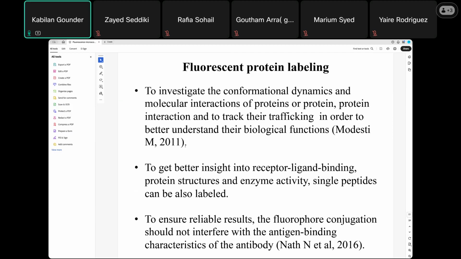If you really want to study a particular protein of your interest, you can learn its physiological and biochemical activities, investigate the conformational dynamics and molecular interactions, such as protein-protein interactions, and track their trafficking in order to better understand their biological functions.